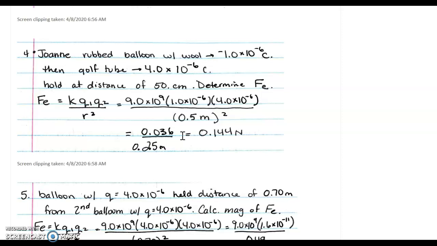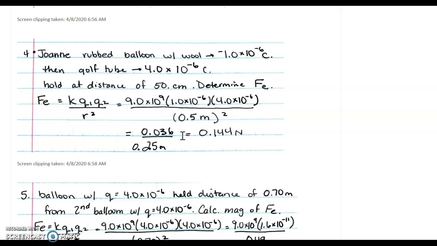Now, K is just like big G when we were doing the law of gravitation. It's just a constant. It has to do with the charges and their relationship to the air around them. K would be different if you were working in a vacuum or if you were working underwater. We're just working in the air.